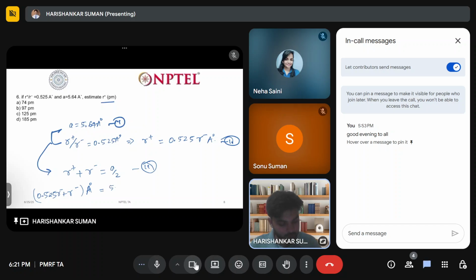So, let's say, 564 equal to R minus times 1.525.